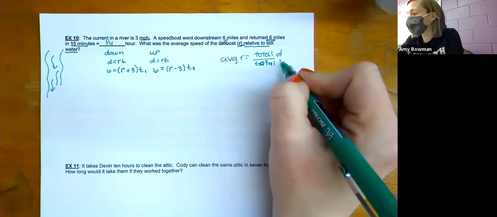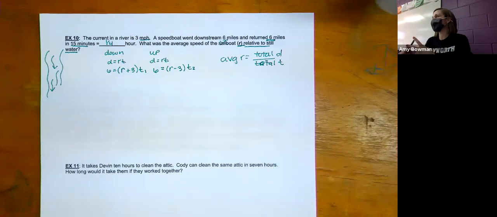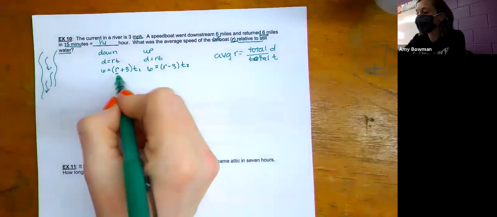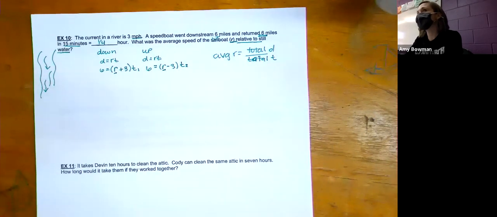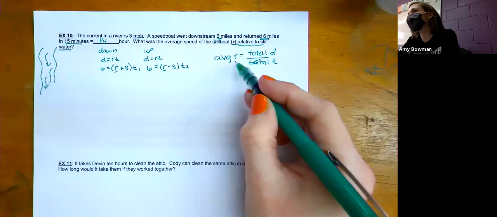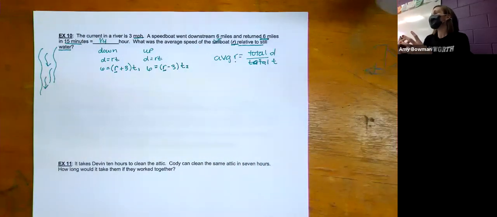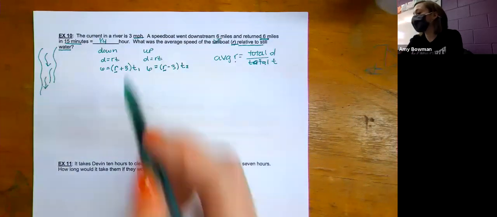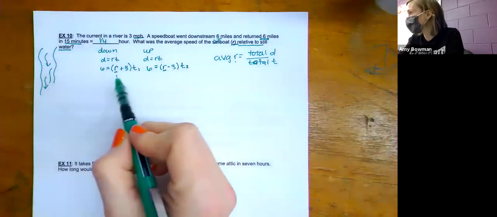I have total distance and I have total time. That can't be applied to this because I want the rate relative to still water. This would just give us the average rate that the boat traveled. We want the average rate that it was set to travel before it was affected by the current.